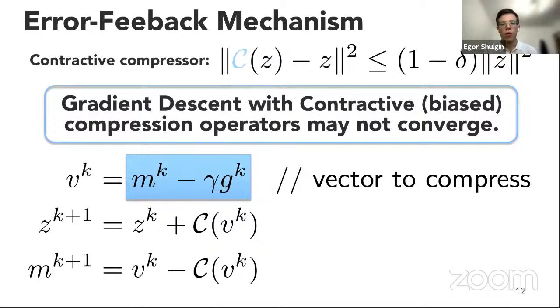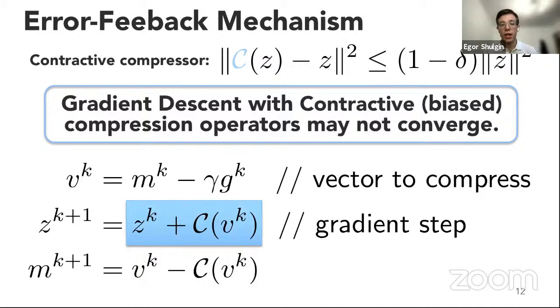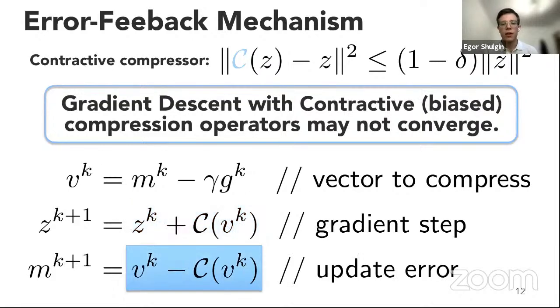Error feedback performs a compressed gradient step with this adjusted vector. And then it updates the memory vector, which is basically the difference between what we wanted to send and what was actually transmitted. So this is basically the compression error that we have on the current iteration.